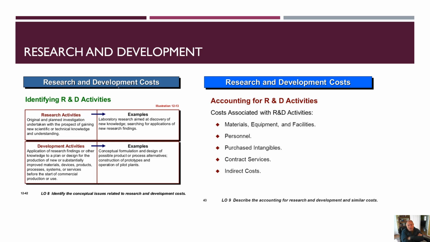You have cost associated with R&D, obviously the personnel cost of those doing the research and development, materials, equipment, intangibles, contract services, indirect. So a lot goes in it, but when we look at it, this is a key piece to look at relative to future growth of the company.